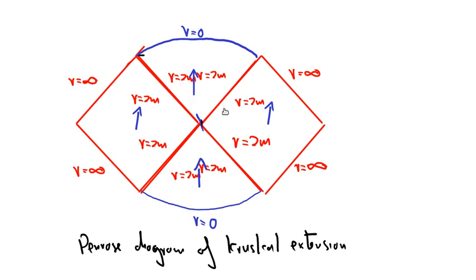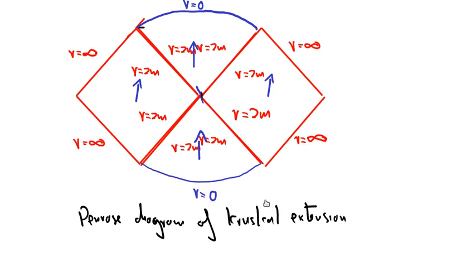We started from the Schwarzschild metric, which was only valid for two regions, which we call the interior region and the exterior region, and by constructing the Penrose diagrams of each of those regions, we have constructed a Penrose diagram of a bigger space-time, which represents the Kruskal extension.